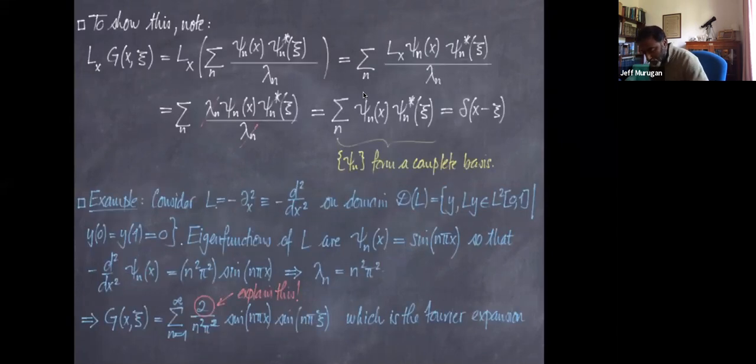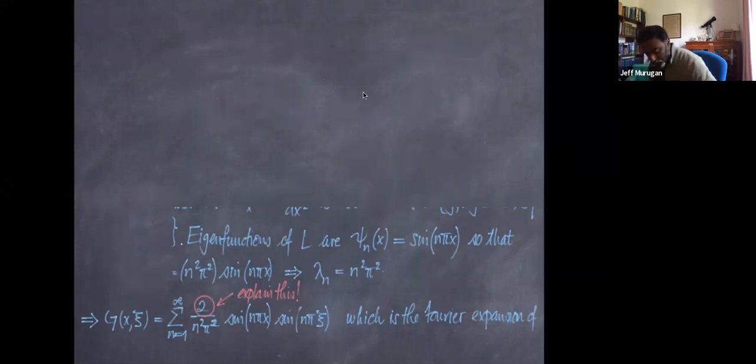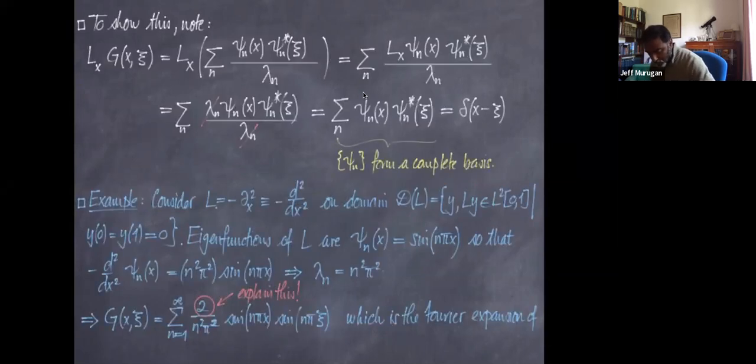This is the Fourier expansion of g of x, psi equal to x times 1 minus psi if x is less than psi, or psi times 1 minus x if x is greater than psi.